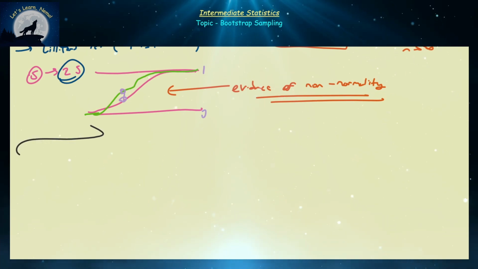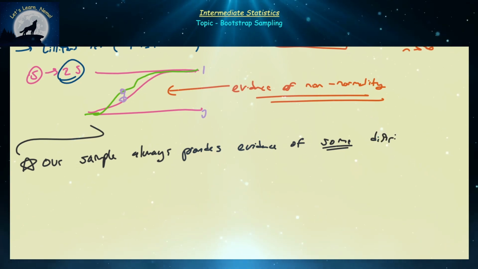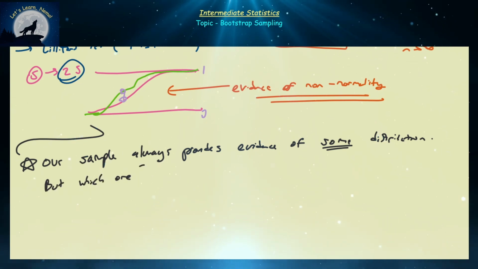But one very important thing you need to know is the following: our sample always provides evidence of some distribution, even if you don't know what it is. So the natural question that we need to ask is, which one is it providing evidence in favor of?